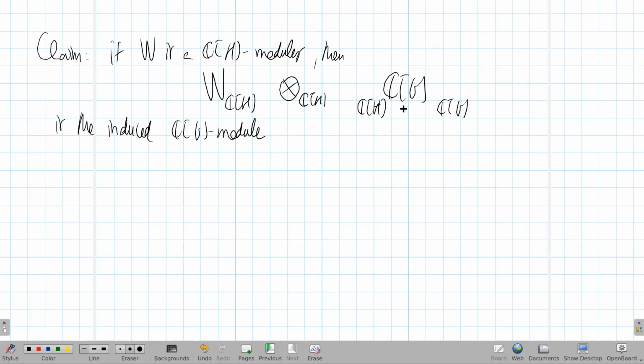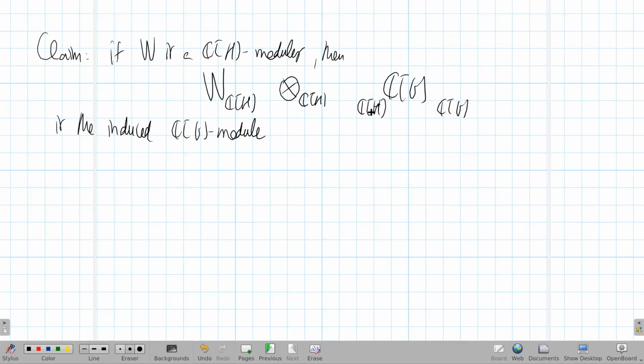It's simply that you have this group algebra, and you can multiply on the right by an element of the group algebra, and you can multiply on the left by an element of CH, which is a subalgebra of this, simply linear combinations of elements over H. So this means simply multiply on the right by elements of the same group algebra, multiply on the left by elements of the group algebra of H. Okay?